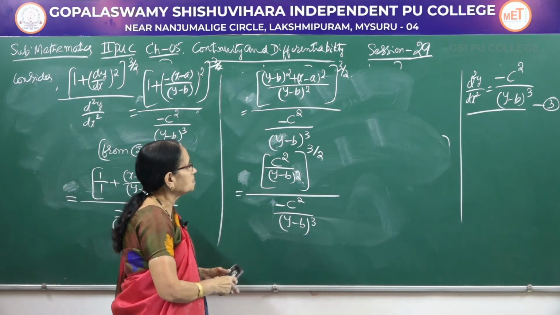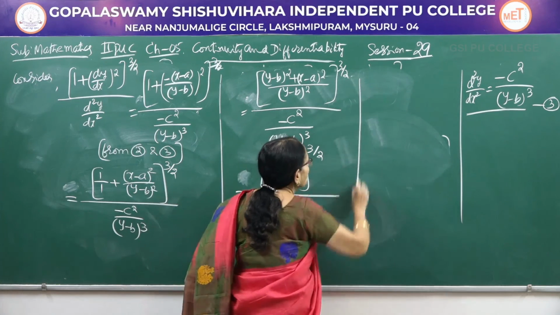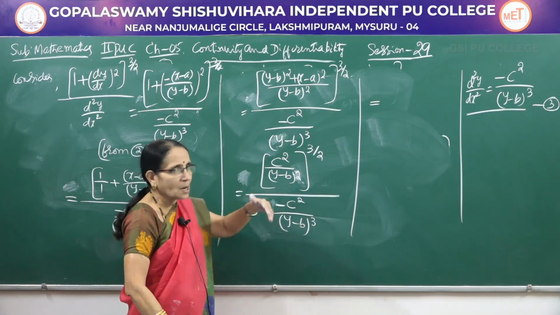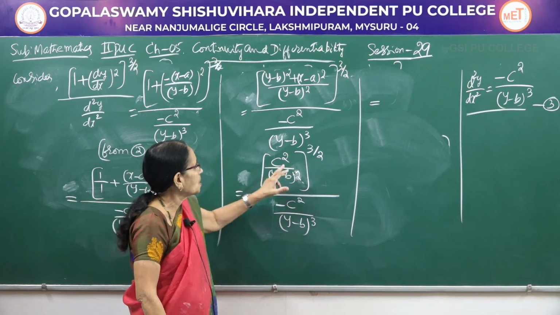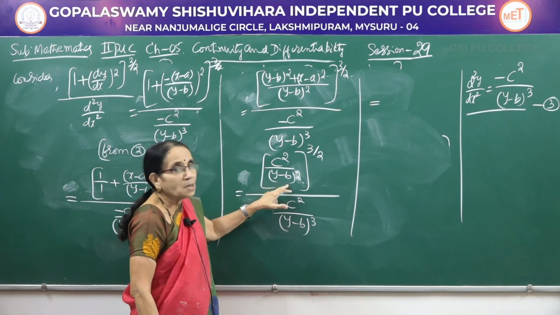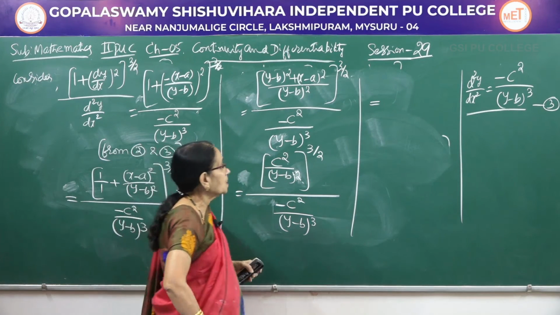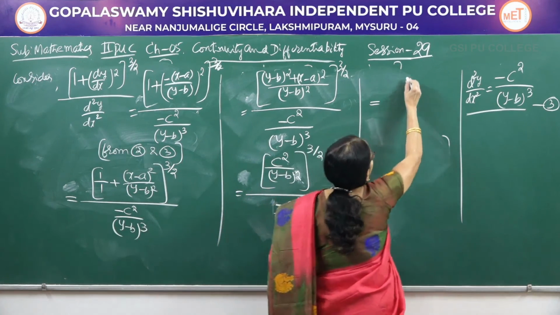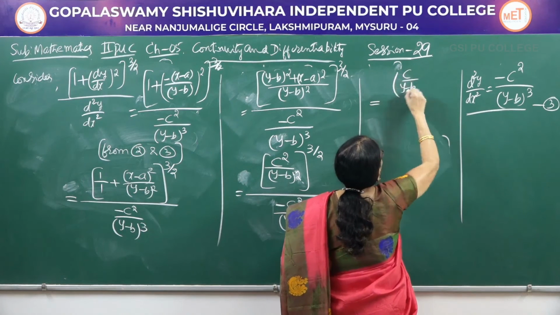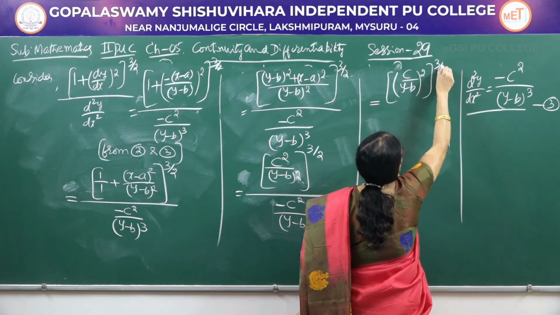Here it is square. Now see, I am again using the law of indices. I hope you remember I had used it in one of the earlier problems. a² can be written as (a)² using the last law of indices. So I can write it as c divided by (y minus b) whole square to the power 3 by 2.